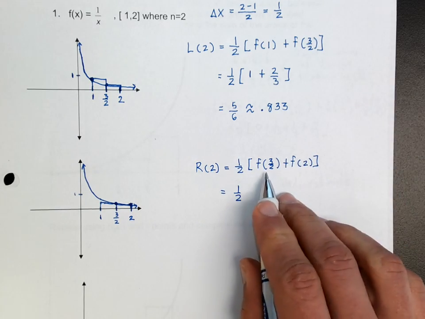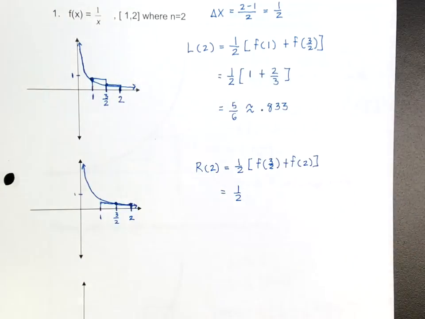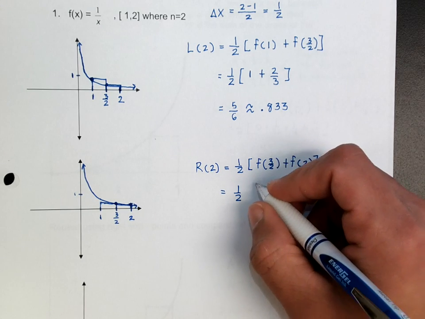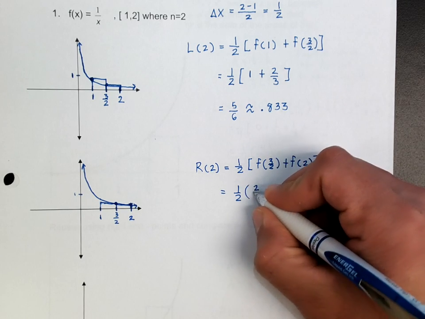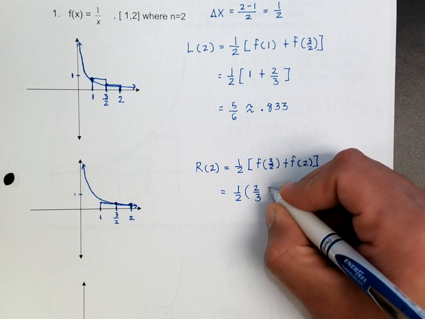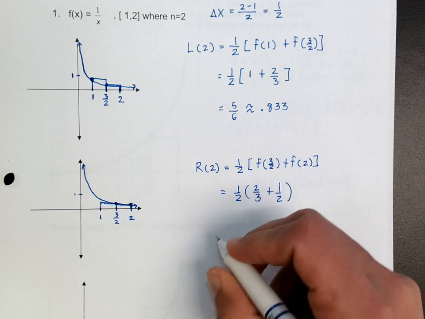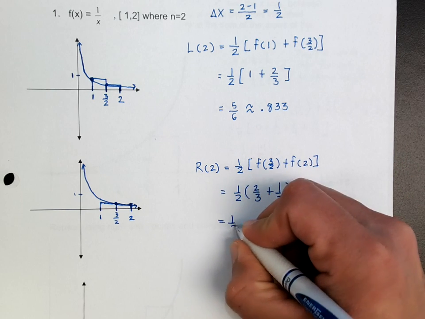If you want to figure out what these are, just plug them into y equals 1 over x. So this gives us 2/3 here, plus 1/2.